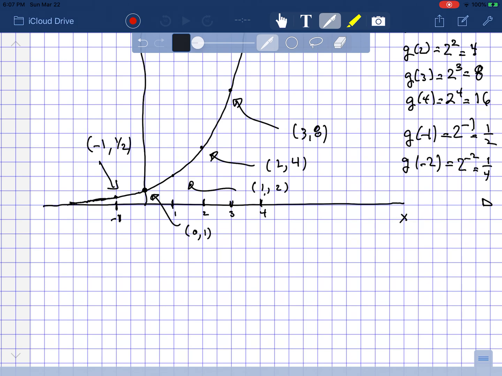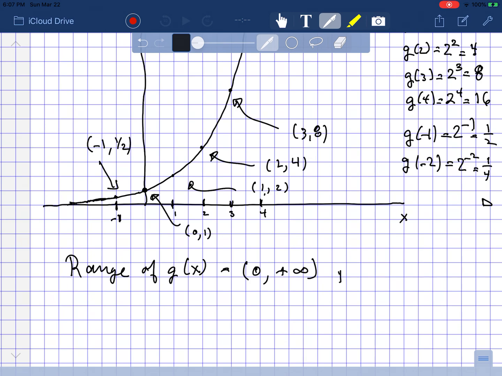So from the graph, what can you tell me about the range of g of x? Well, remember, the range of a function is the set of values y which are covered by the graph. And those values of y that are covered by the graph are the values from 0 to plus infinity.